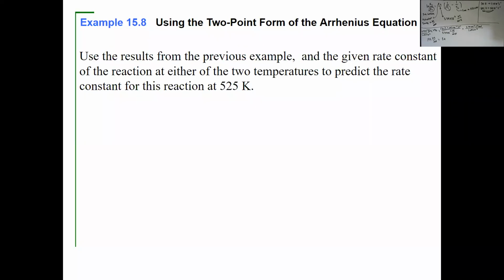And this question says, use the results from that previous example, and given the rate constants and temperatures from that example, as well as the activation energy we just found, predict what the rate constant would be for this reaction at 525 Kelvin instead. So they're giving us a new temperature to look at.